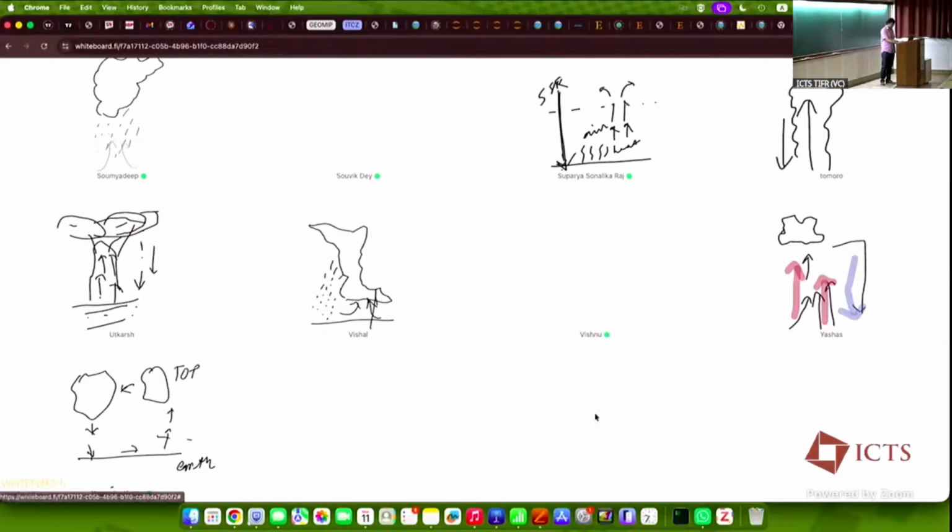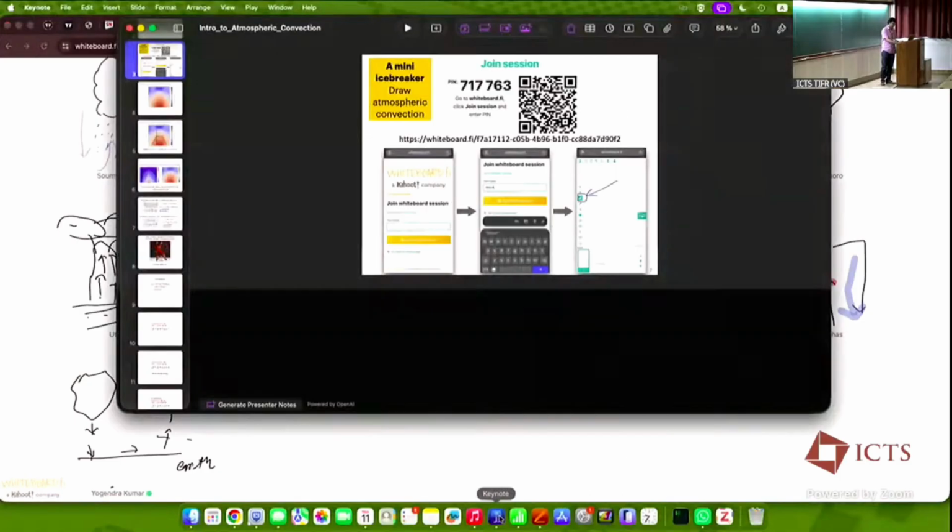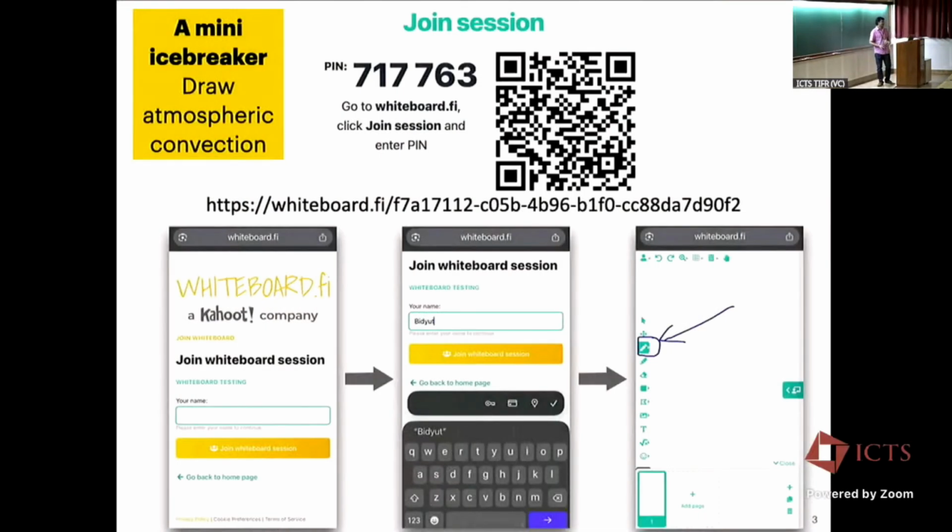We had some good images of cloud. I would say that attempt was successful. I had never used a whiteboard before, and I thought it should not fail. We all agree, looking at those clouds, that nobody drew a stack of cirrus cloud. When I asked you to draw atmospheric convection, somehow at the back of your mind everybody had the idea of deep, precipitating cloud.